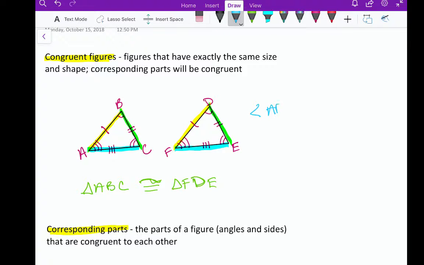Angle ABC is congruent to angle FDE. Angle BCA is going to be congruent to angle DEF. And what you'll notice here is if I go from B to C to A, then that means over here I go from D to E to F. So again, it should always match up with the corresponding parts from one triangle to the next.